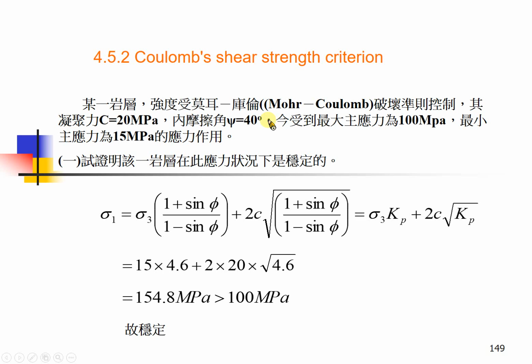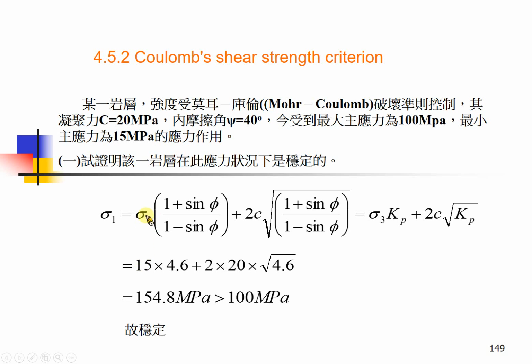So, for the answer here, it will be quite easy. If you still remember the equation, then sigma 1 can be expressed in terms of Kp and the cohesion, right? Then I give you the phi and c, so you can get the combination between sigma 1 and sigma 3, right?